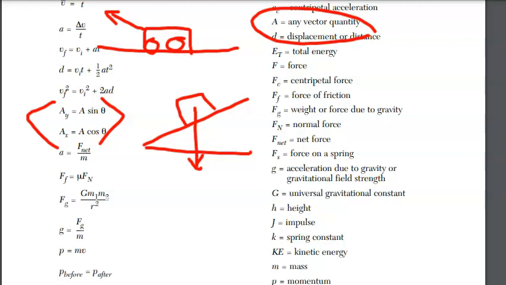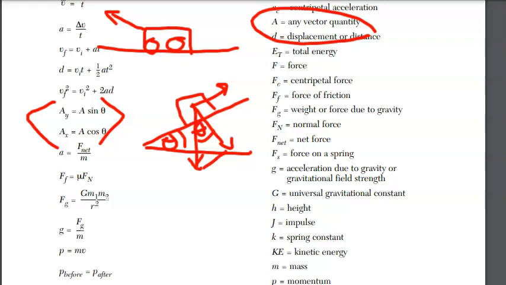If the object is at rest, we have a force of friction, and that force of friction is balancing out any force that might be pulling the object down. The reason why I'm bringing it up, there's that angle here, which corresponds to the angle here.